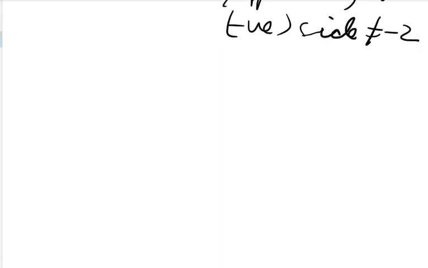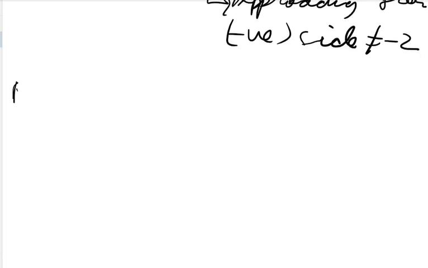The right hand limit, the RHL, you can write as RHL. Okay, you don't have to write the whole thing. So what is my RHL? Simple, my RHL is this.